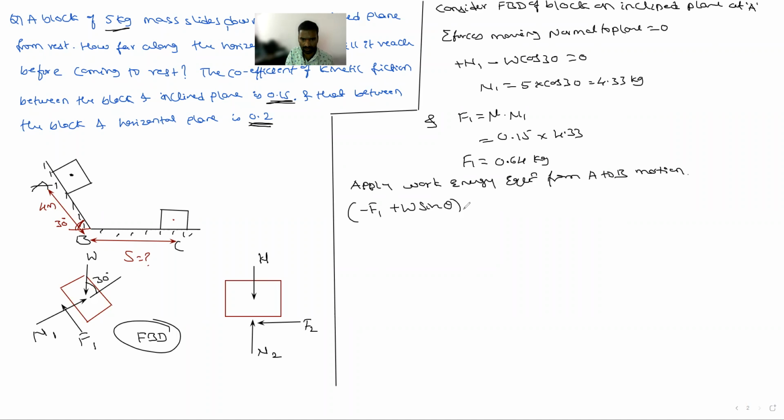So I will take sin theta into S equal to half mv square.